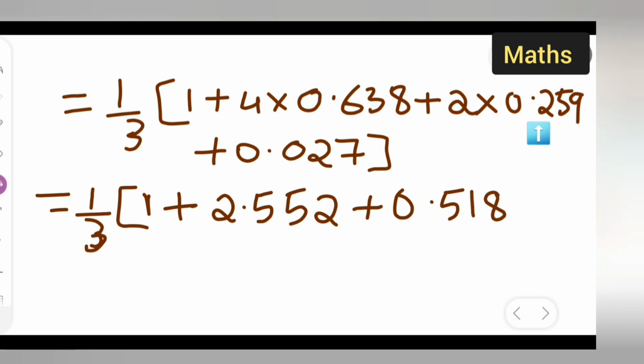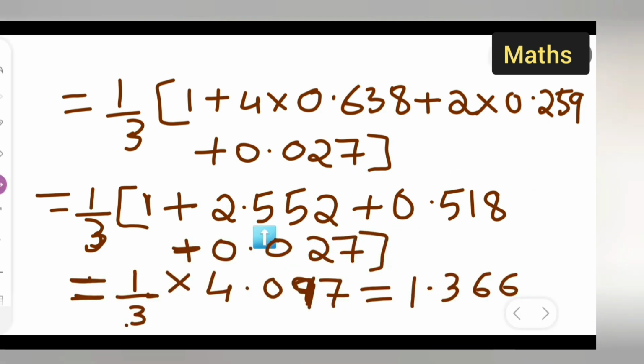Then plus this number. So after adding these numbers, you are getting 4.097. So 1 upon 3 multiplied by 4.097. Multiply this, cancel whatever is getting cancelled. Write the answer 1.366. So I hope you all have understood, and thanks for watching.